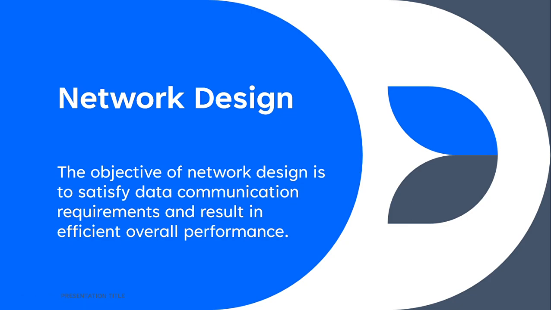For you to be able to have efficient overall performance, you need to make sure that our three objectives of cybersecurity are met. That is confidentiality. Data should only be available to who it is meant for. Integrity. Only authorized personnel should be able to modify data in an authorized manner, right?